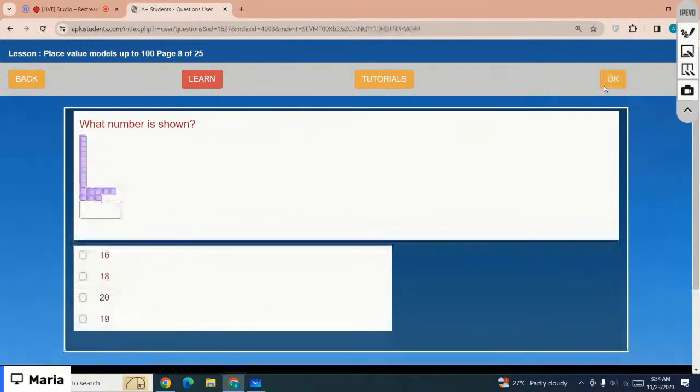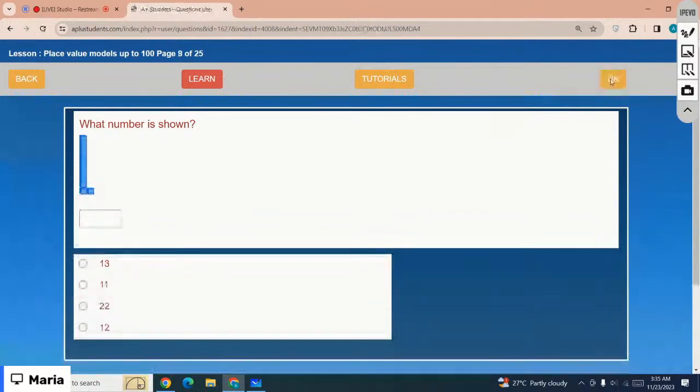Okay, what number is shown? Which is the correct option? So you have only one ten and eight ones. So the correct option is, yes, it is 18. Very good. What number is shown?